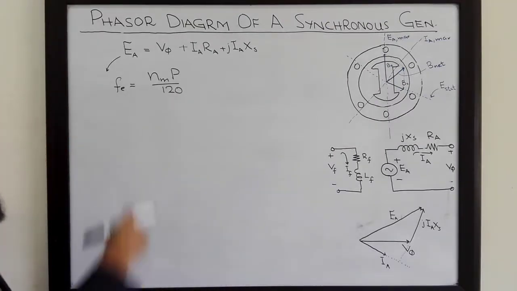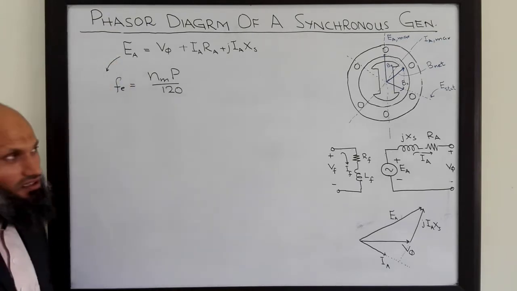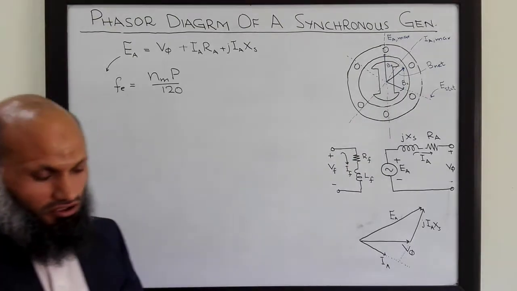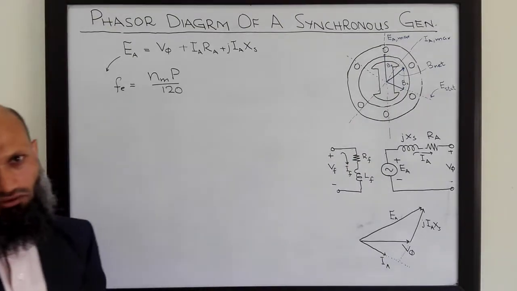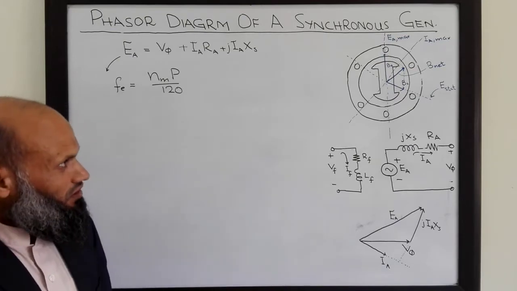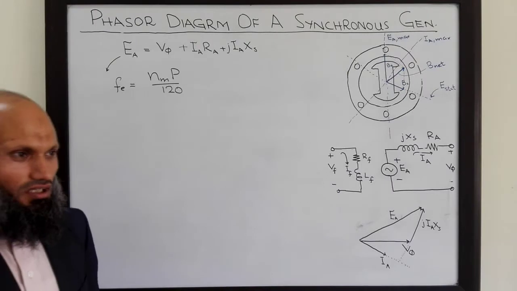Since we are interested in getting a constant frequency electrical signal, we have to keep the speed of rotation of the rotor constant. How can we do that? There is an automatic control mechanism to control the speed of rotation of the prime mover.